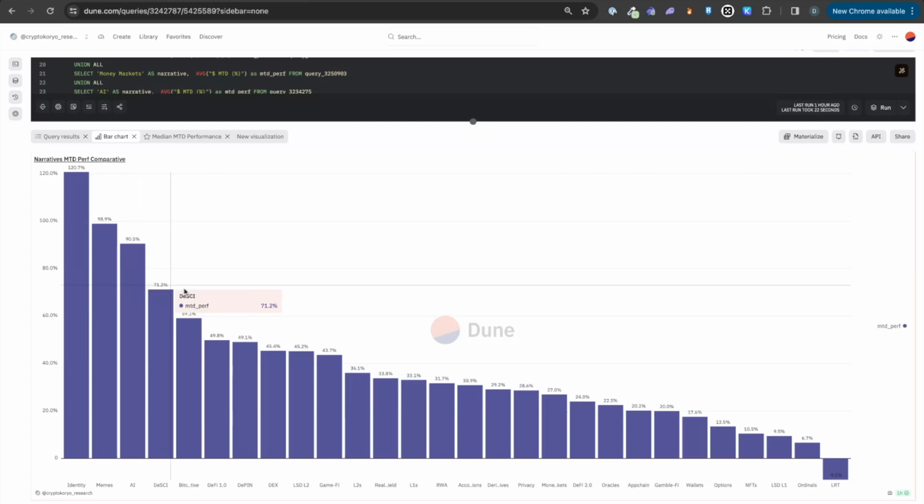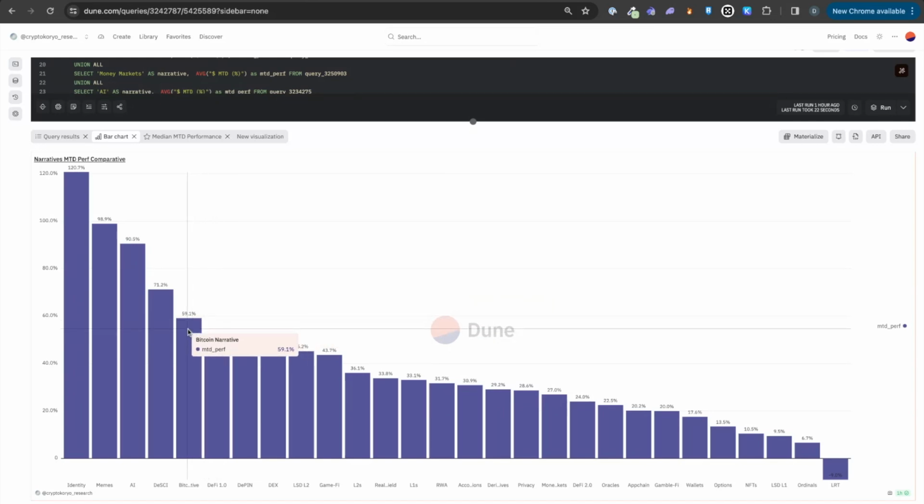Another thing that is important is that I do not recommend to just look at this chart once per month or something like that, because you will start to see the small patterns when you look at this very regularly. For example, let's talk about the Bitcoin narrative.